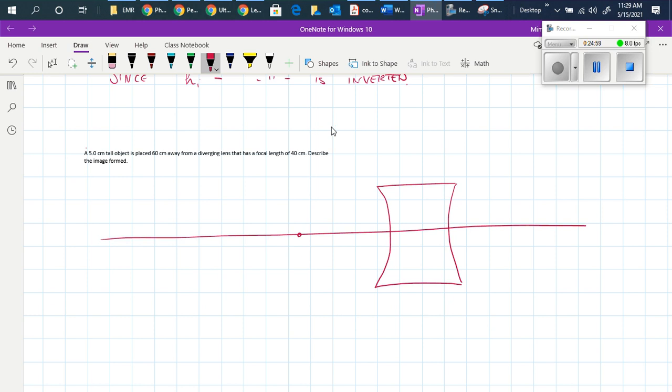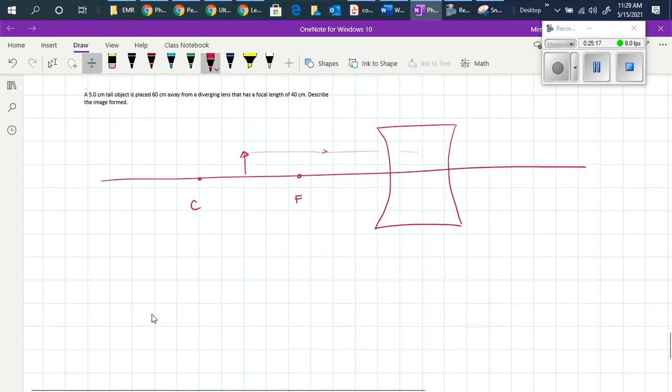The focal length here, the center is here, the object is somewhere in here. Okay, so if you want to visually see, you'll have to draw something like this. However, math will tell us what it is.